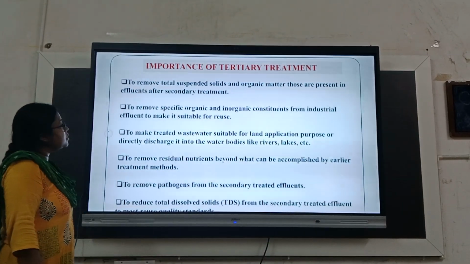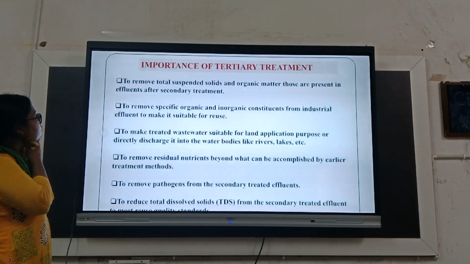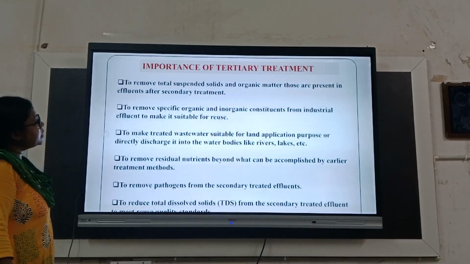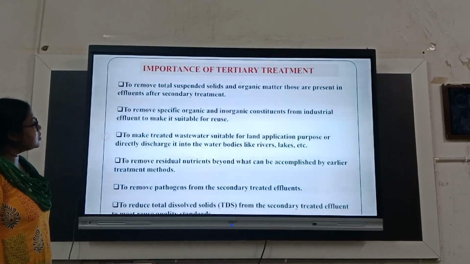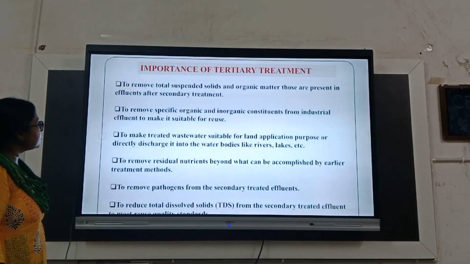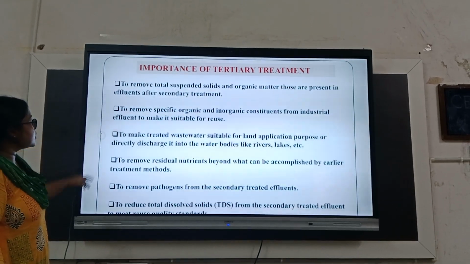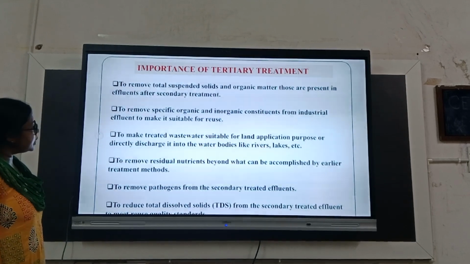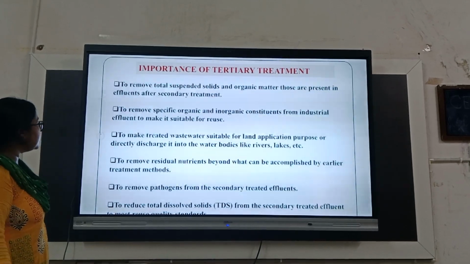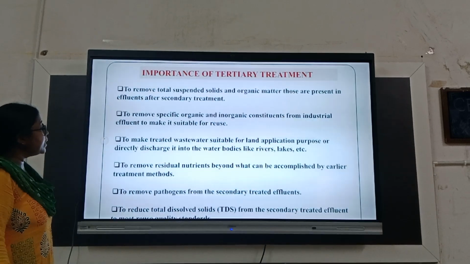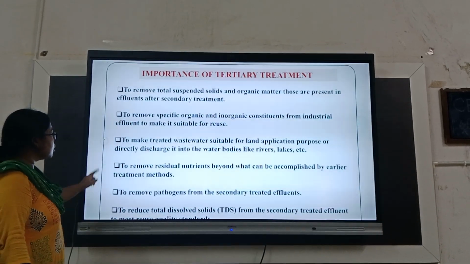Importance of tertiary treatment. To remove total suspended solids and organic matter that are present in effluents after secondary treatment. To remove specific organic and inorganic constituents from industrial effluent to make it suitable for reuse.